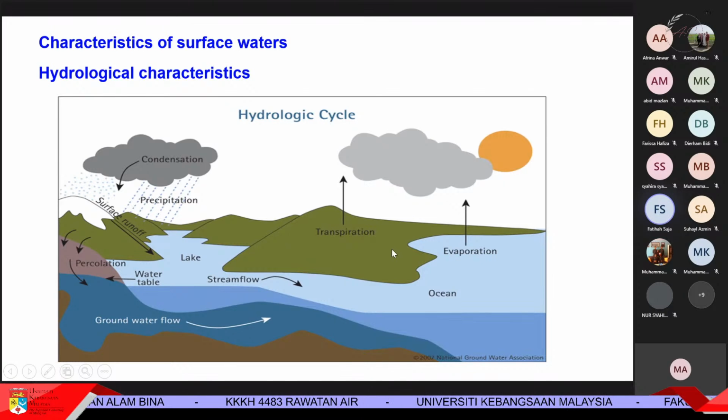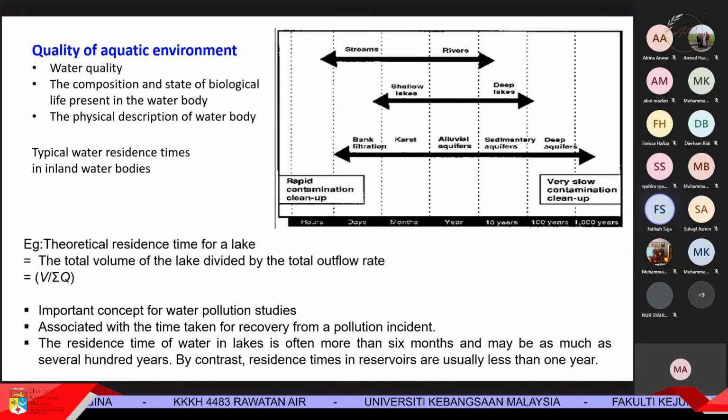Okay, so the quality of the aquatic environment. There are three things that you need to look into: the water quality itself, the composition and state of biological life present in the water body, because they will make changes, and the physical description of the water body.